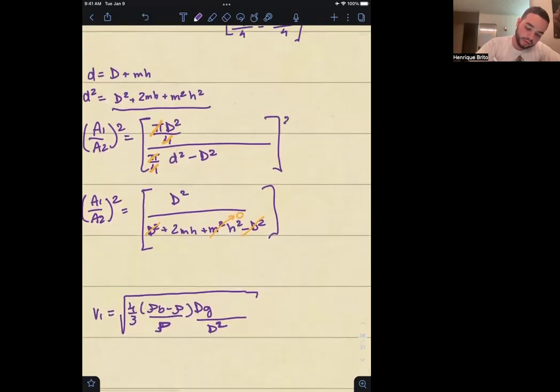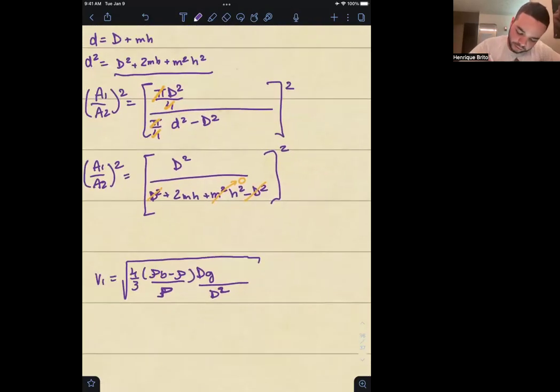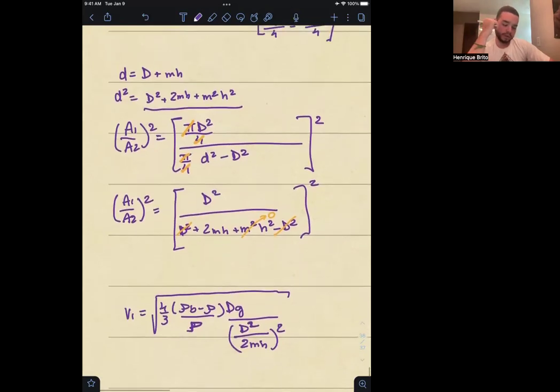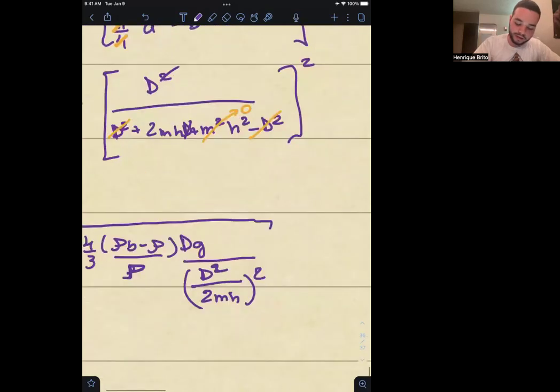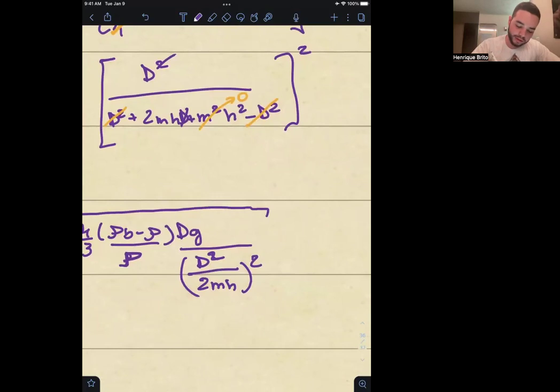Yeah, this should be squared. Sorry. I knew something was off. This should have a D here. Okay, so boom, you're gone. I knew that wasn't supposed to be a D squared up there.